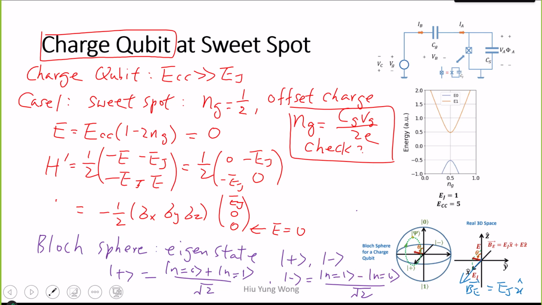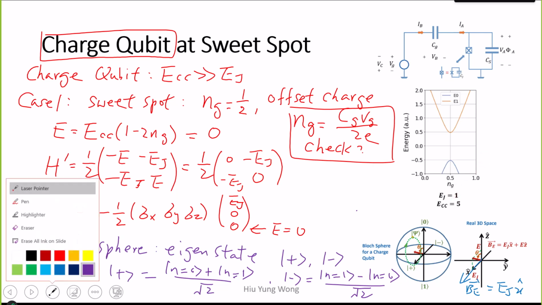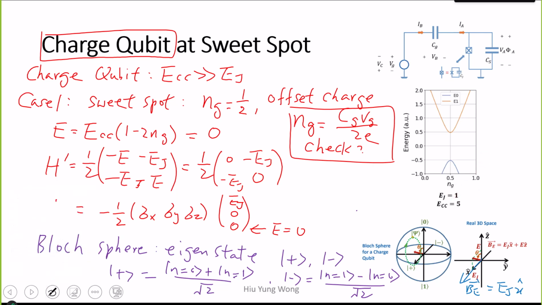Anyway, I forgot. My brain is not working. But anyway, here is the diagram. You see that here we have ECC much larger than EJ, and we have different values of NG. When NG is half, this is the ground state. Maybe I call it minus, and this is plus, for example.